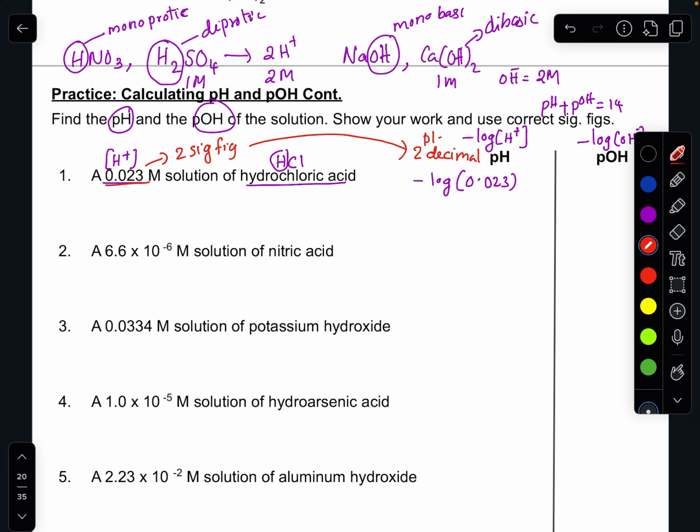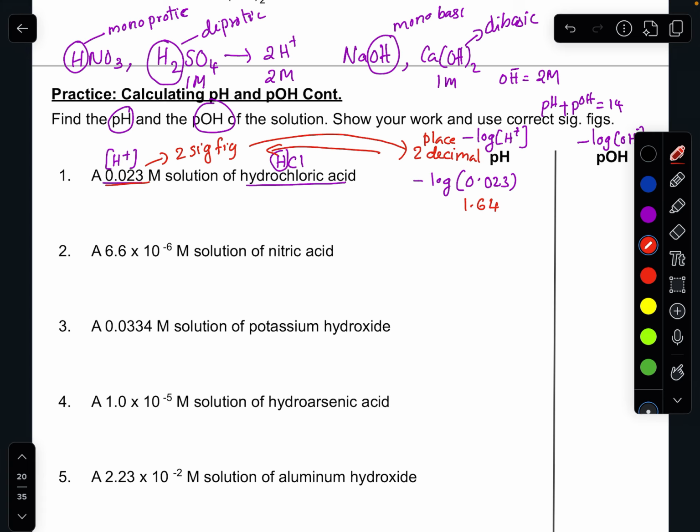It is always the same rule. That means I got 1.638 in my calculator, so I need 2 decimal places. I'm going to round my answer to 1.64. Okay, that is my pH.